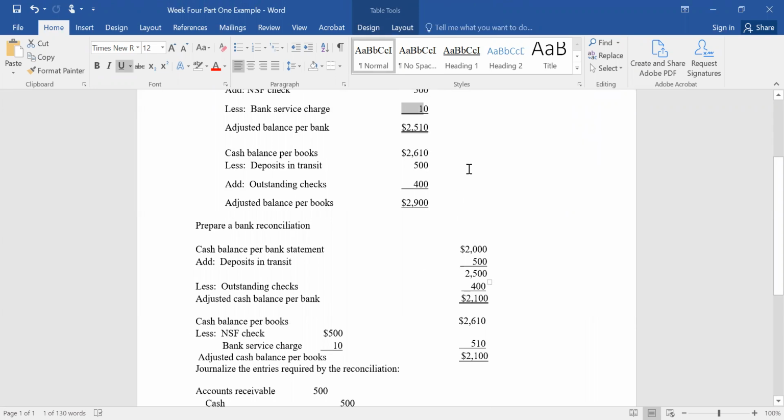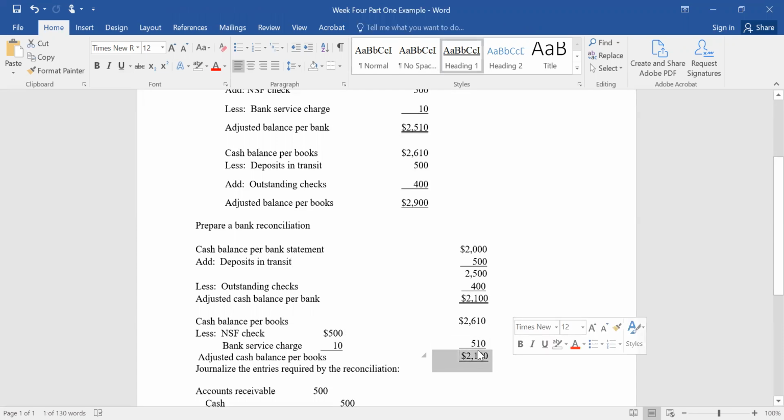So these are items that the company didn't know about, right? They didn't know that there was a customer's check that basically bounced for 500, and they didn't allow the deduction yet for that bank service charge of 10. So if we add that together, that's $510. $2,610 minus $510 is $2,100.